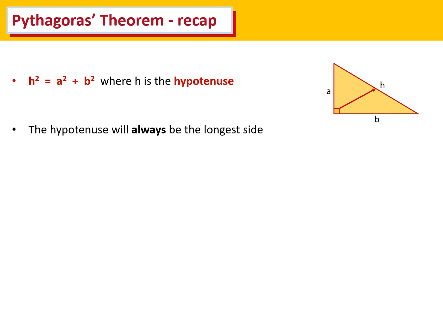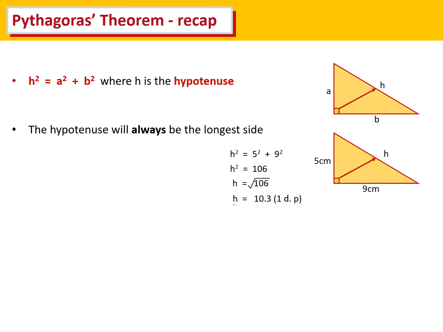So whenever you're trying to find the hypotenuse, your answer should always be longer than the other two sides. So we've got h squared equals 5 squared plus 9 squared. That's 106. We square root both sides, and then we get our calculators out and round off.